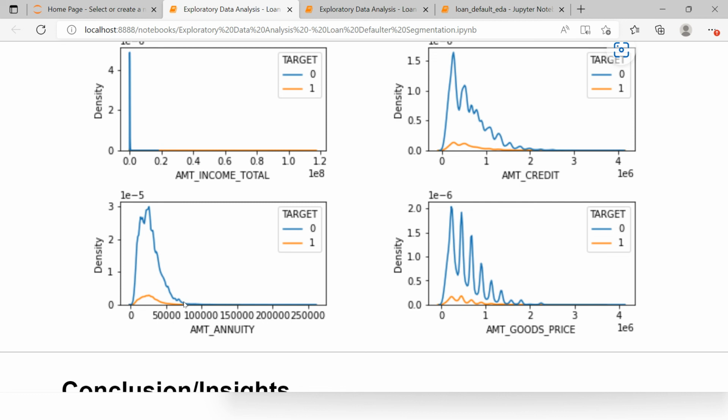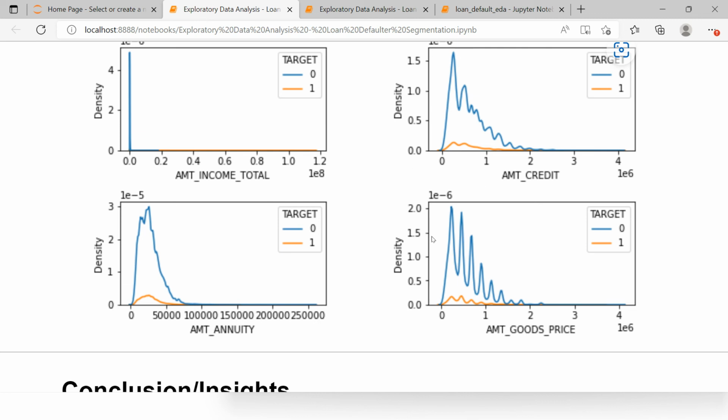If this line had a spike between 100,000 to 150,000, then we could say that customers paying low annuity are the defaulters, but that's not the case here. Non-defaulters are also paying the annuity of 0 to 50,000, and defaulters are also paying the annuity of 0 to 50,000. Same goes with goods price and the amount credit.